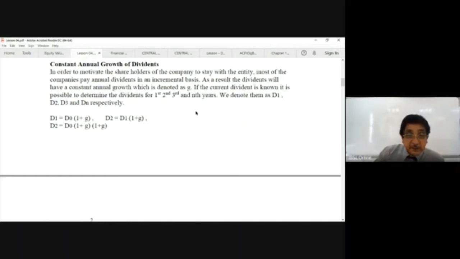Present year is 0, first year is 1. The first year's dividend would be 10 into 1 plus 0.2. In other words, it is 10 into 1.2, which is 12.